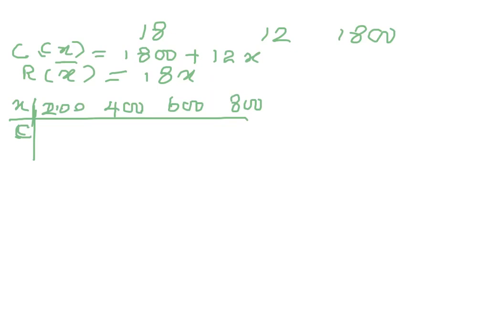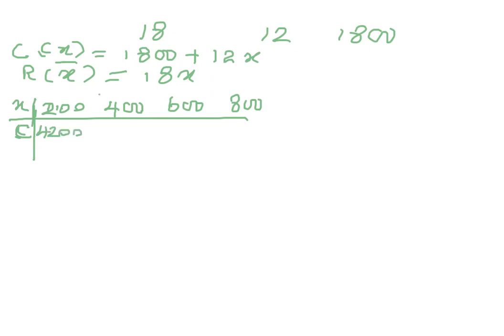We multiply 200 by 12 to get the variable cost, and then add the fixed cost, 1,800.